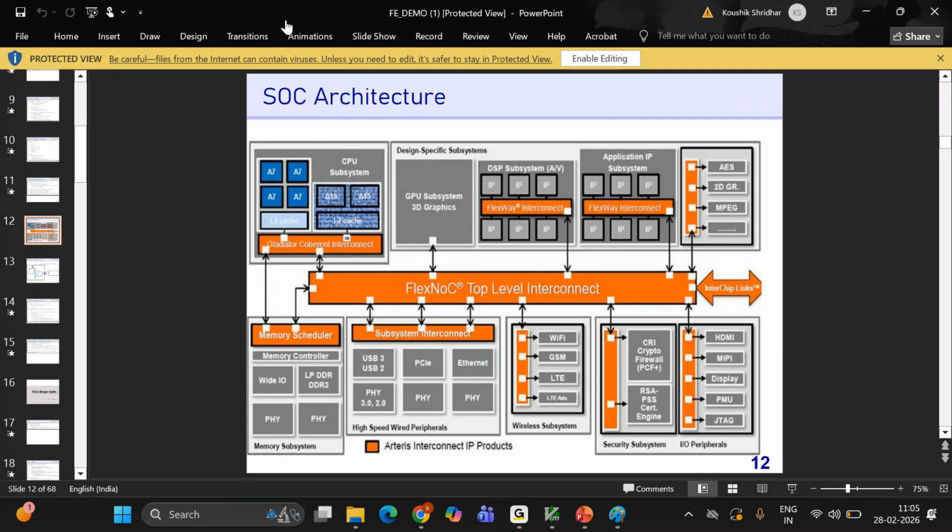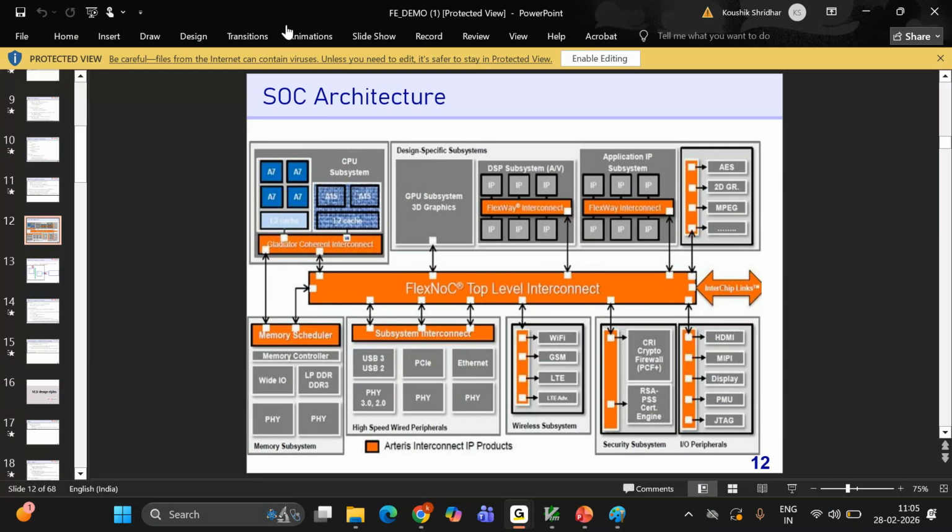I'll add one more point. To do IP level verification for a USB controller, you need SystemVerilog, Verilog, digital knowledge, and UVM. Additionally, you need USB controller knowledge, because it's the USB block you are verifying.